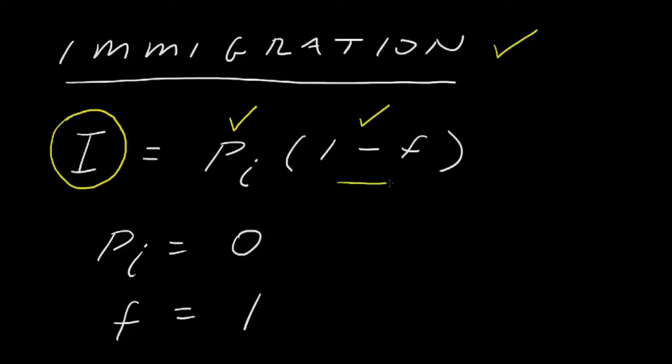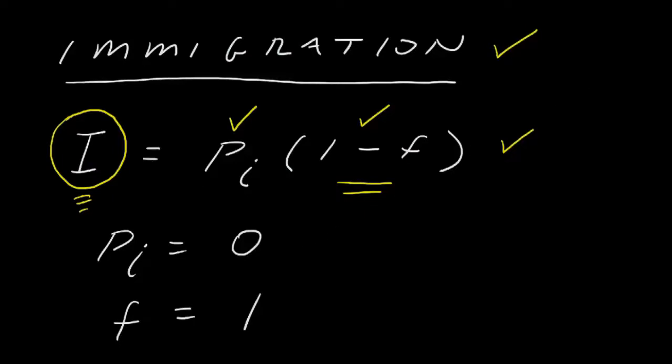In other words, that's 1 minus those sites that are empty. Those are the only sites that can receive immigrants, that can become colonized. Those sites that already are colonized can't become recolonized. So we simply multiply the two in order to get a better definition of what our rate of colonization or immigration is across the whole metapopulation.